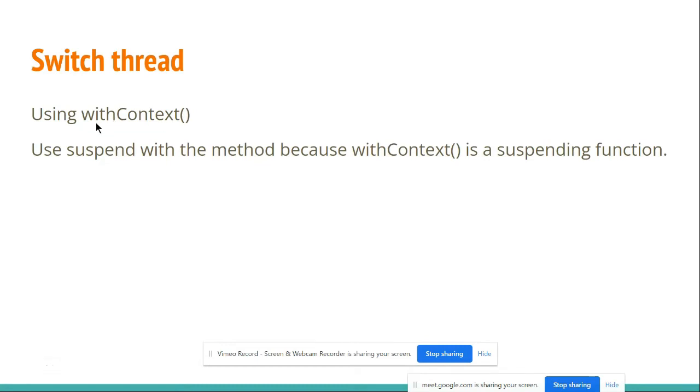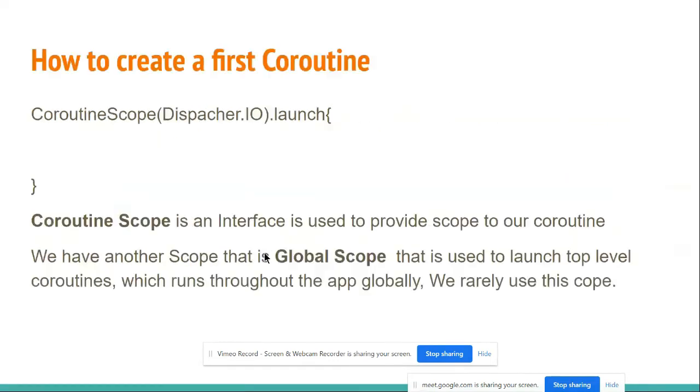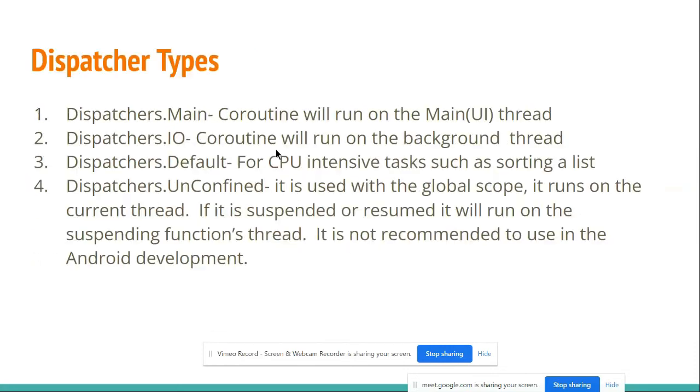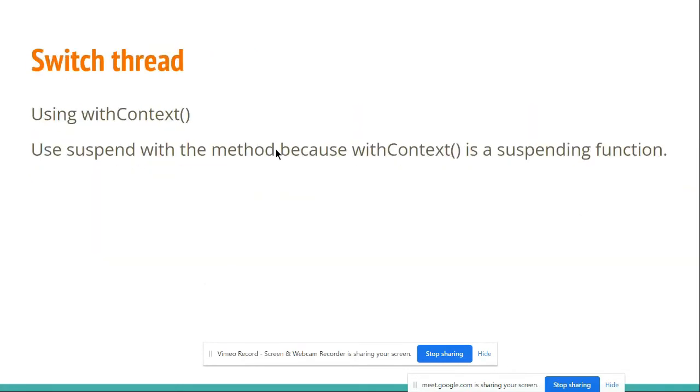In that case, if our dispatcher is IO and we are setting our text view here, definitely we will get an error. So to resolve that, we can use withContext. withContext is used to perform the UI-related stuff. So we use suspend with the method because withContext is a suspending function.